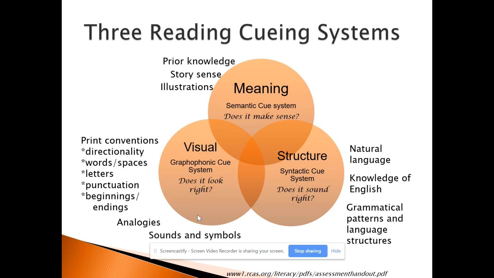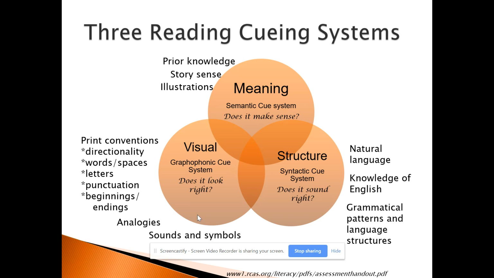Just more information on the cueing systems. This would be helpful when you are going to be creating your lesson plans that follow the running record assessment and analysis. Specifically, if we're looking at the meaning cue, you want to work on things like prior knowledge and story sense, illustrations and vocabulary.